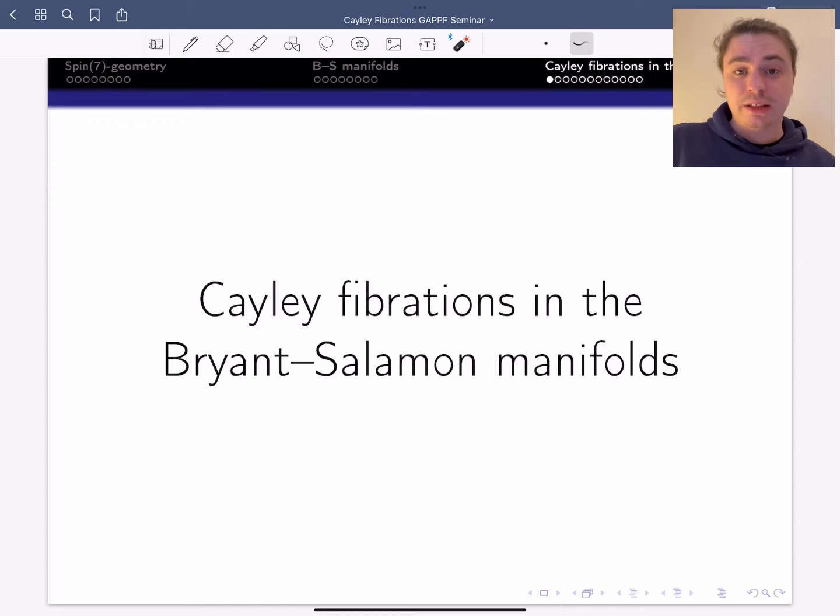So we have the Bryan and Salamon manifolds, and these are just Spin(7) manifolds with full holonomy Spin(7), and are very explicit, so we can work on them. On this manifold, we would like to apply a cohomogeneity-1 method.